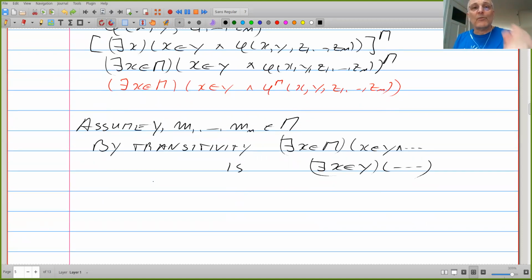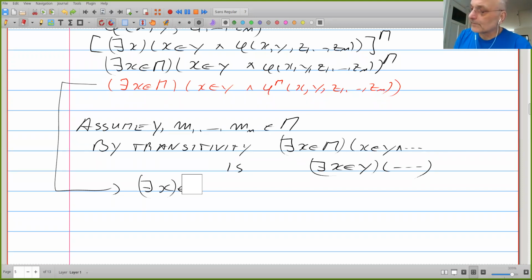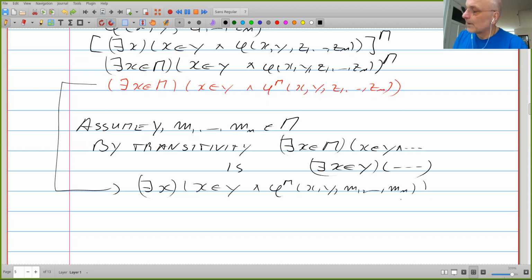So we assume that the Y and the Z's are going to be replaced by something in M. And why not simply assume that Y is in M? And so the relativization that we had now becomes simply there is an X such that this happens.